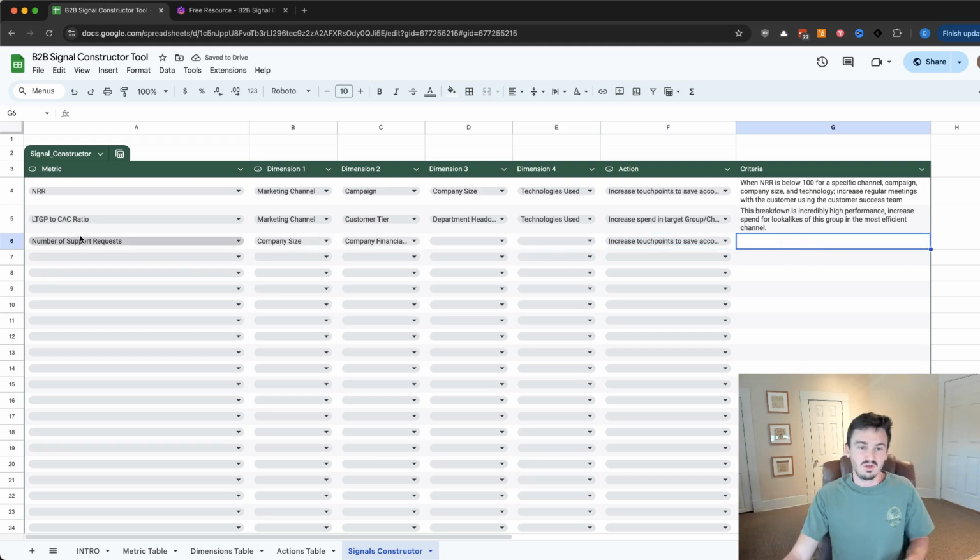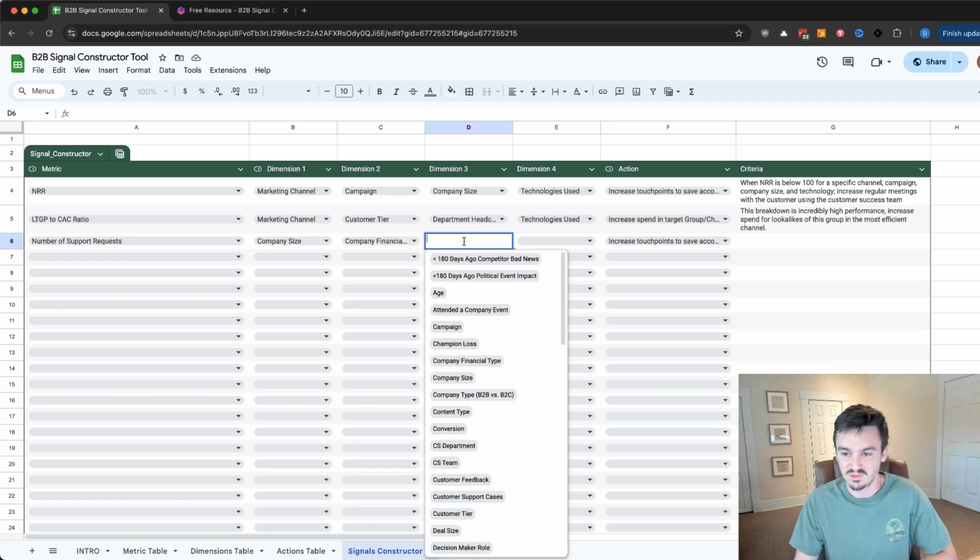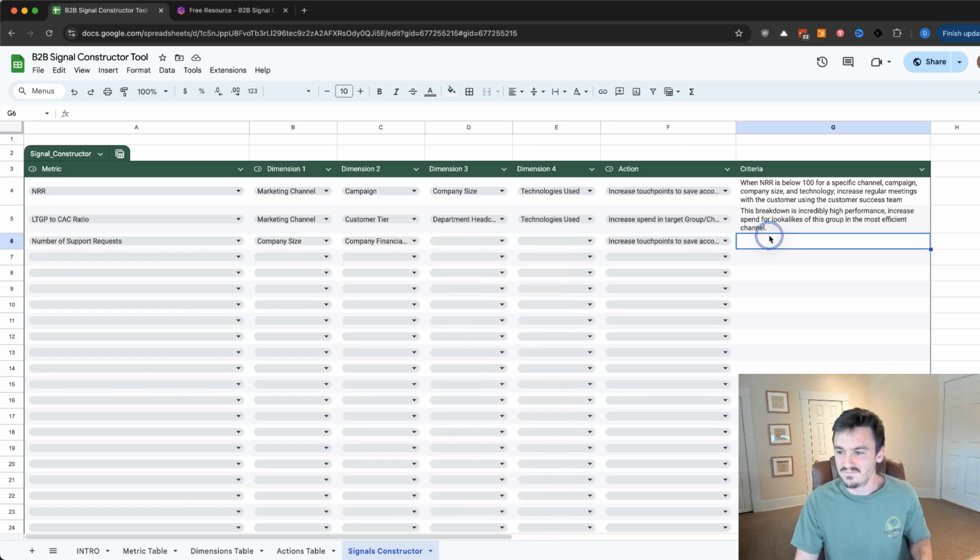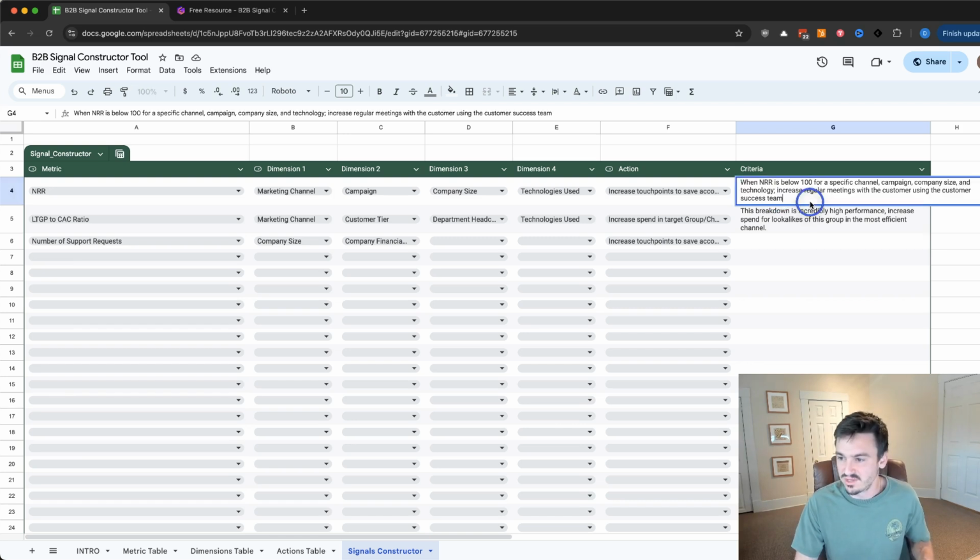So let's say that you have a group here where the NRR is below 100%. Then we look at the number of support requests afterwards, broken down by the company size, by the company financial type, by whatever other dimensions you want. And then you can take the action of increasing regular meetings here.